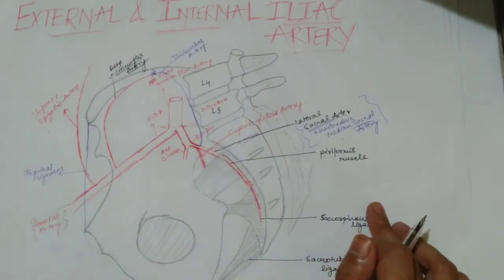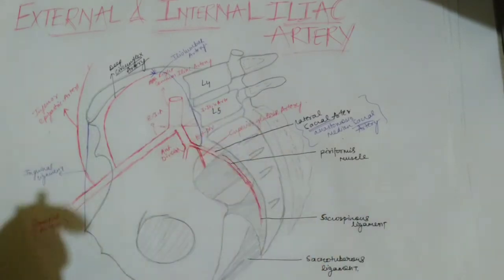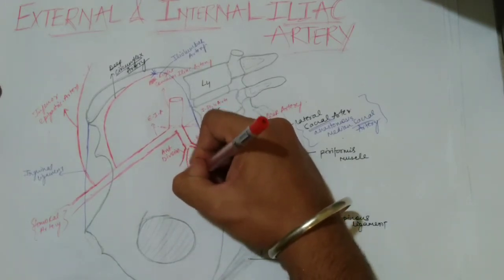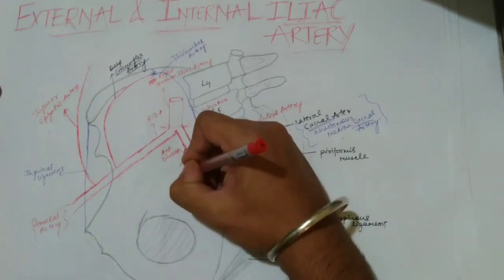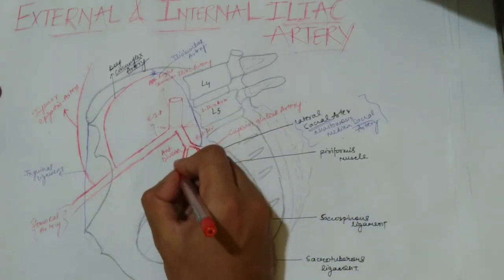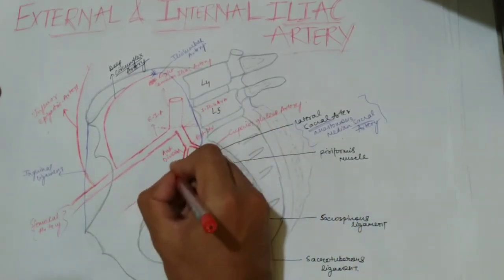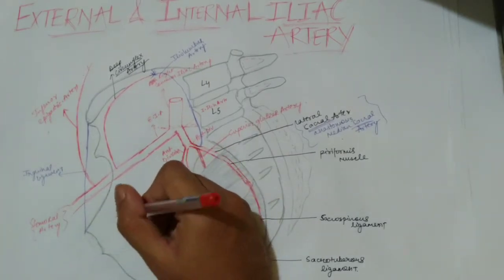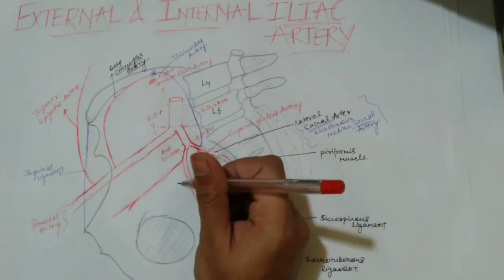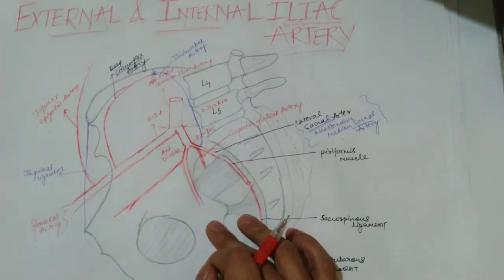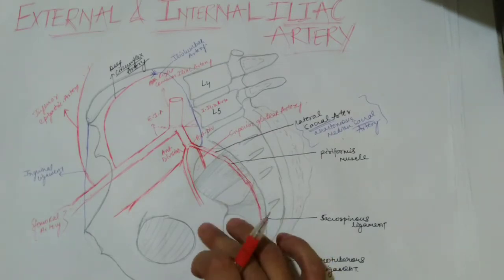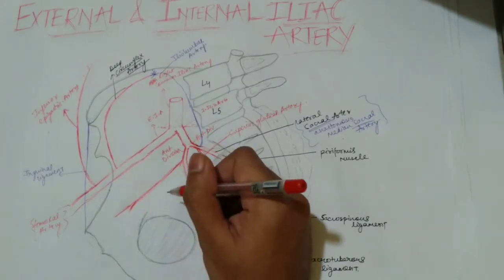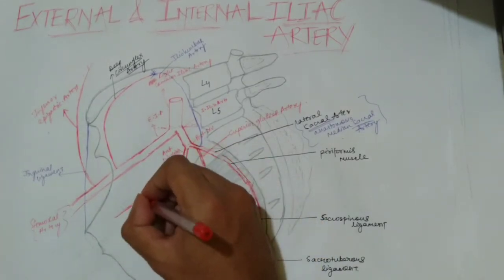The first branch from our anterior division is the umbilical artery. From the anterior division, like this, there is an umbilical artery. During the embryonic stage this artery supplies the fetus, but after that the part which is unobliterated continues as your superior vesical artery.